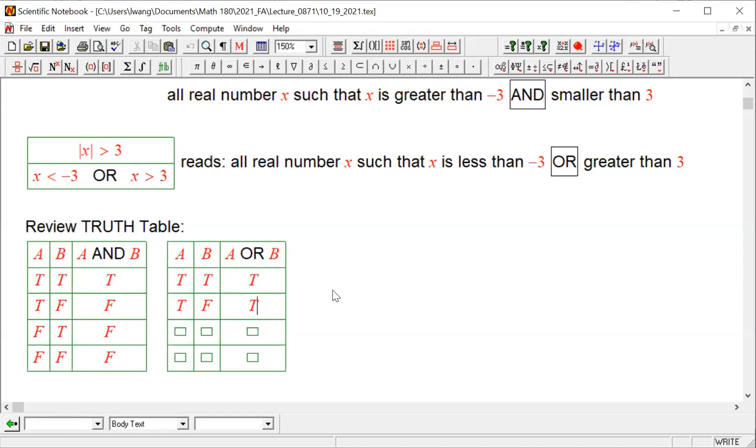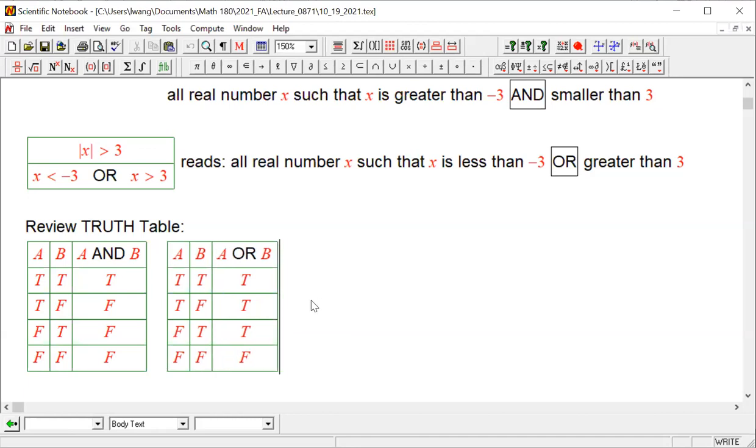In the case that the check is written to you or your brother, only one of you needs to sign it, and you can cash the check. So false or true will also be true. And of course, false or false is false. That's the truth table I refer to.